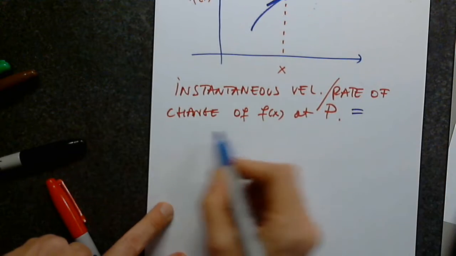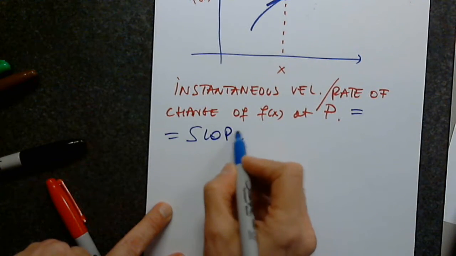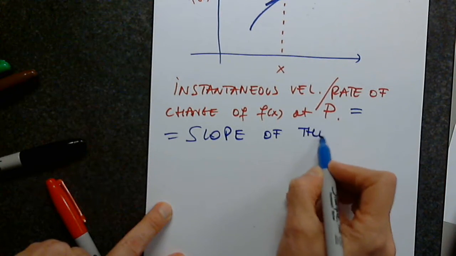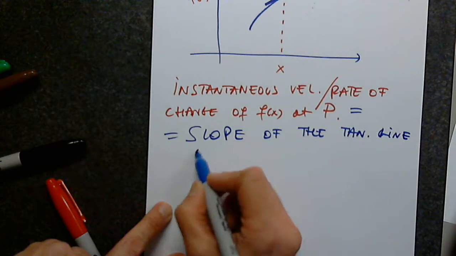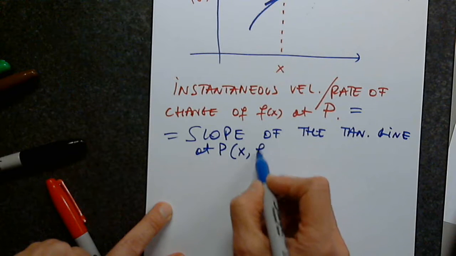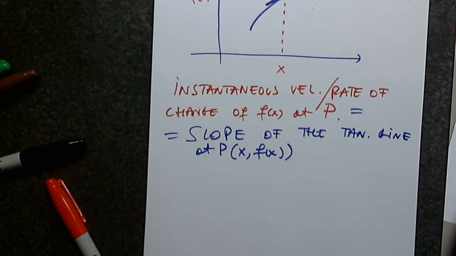So this is the slope of the tangent line at P. All these mean the same thing: the slope of this line, the instantaneous rate of change, and the instantaneous velocity are all the same.